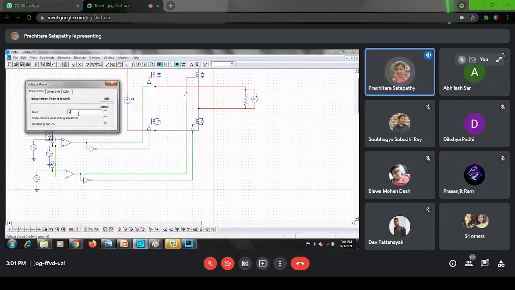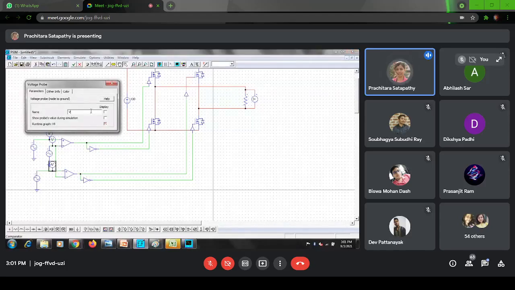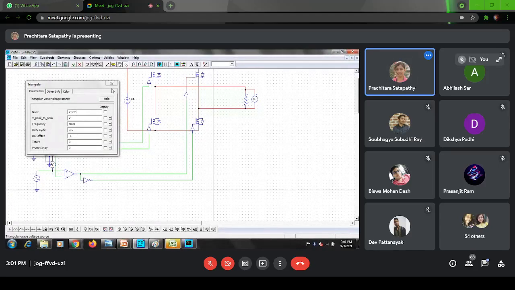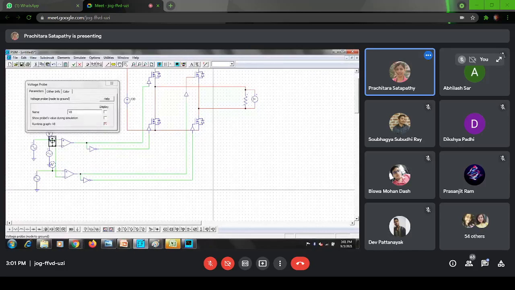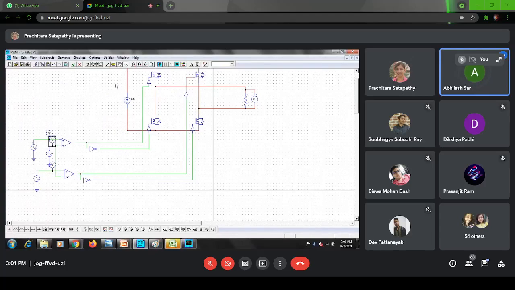This is VR, no? This is VR1, second reference, and this is the BC carrier. Ma'am, the triangular wave and everything else will be the same as usual.